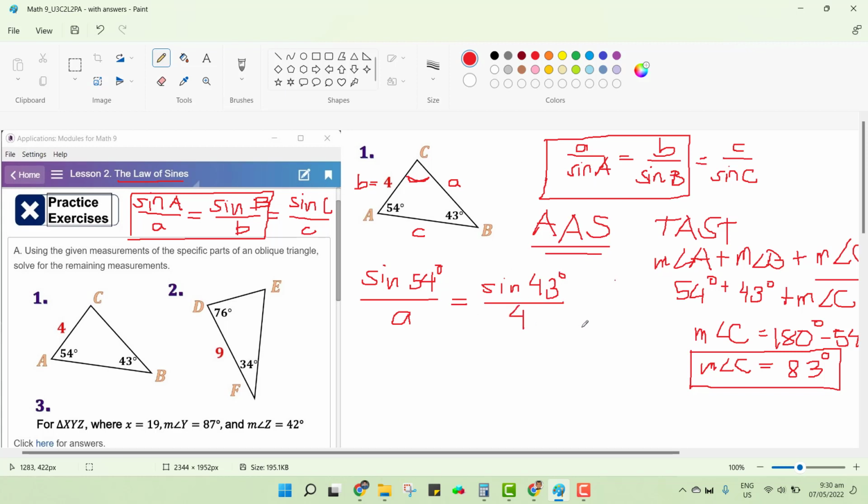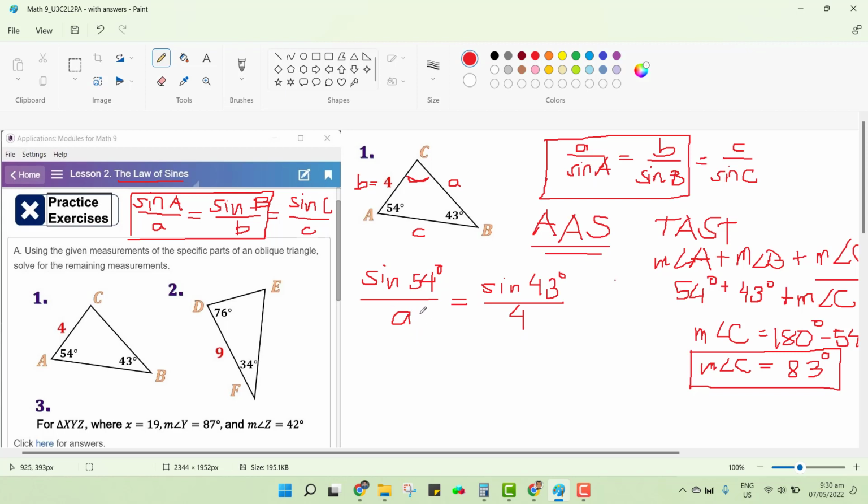In this example, we don't have a unit of measurement, say centimeters, inches, or meters. So we are just going to use 4 as it is at the moment.